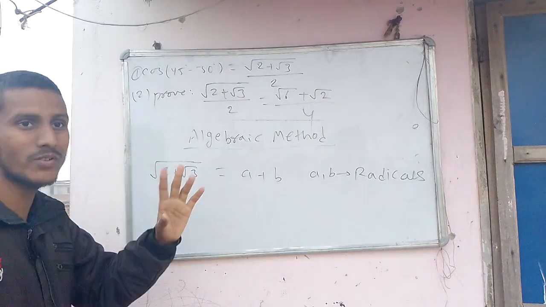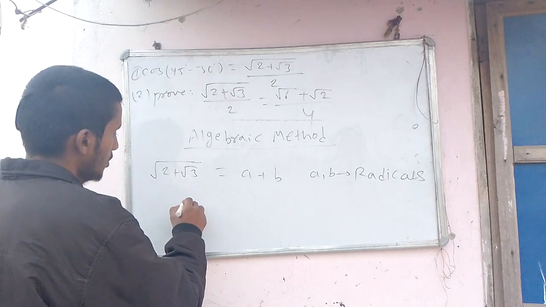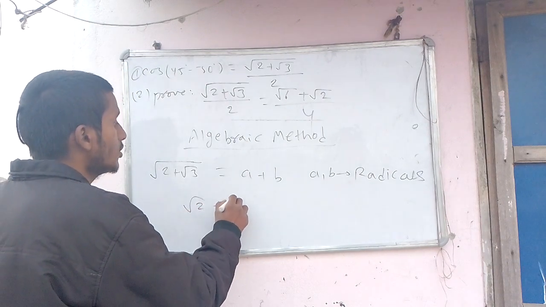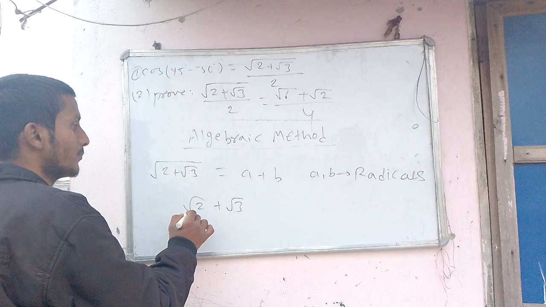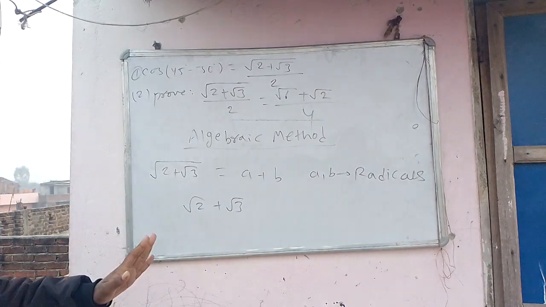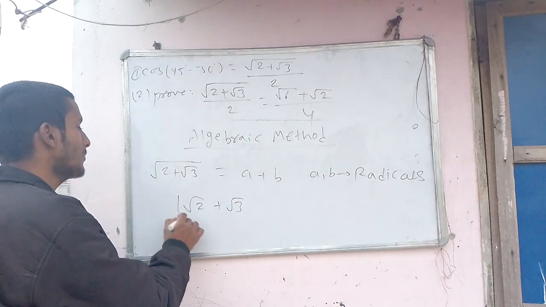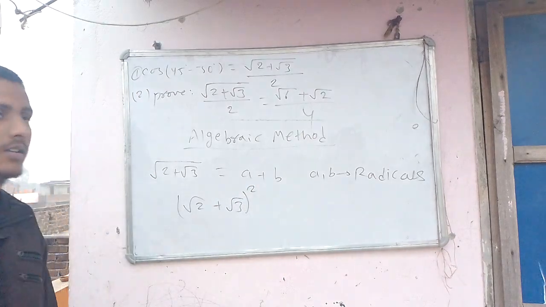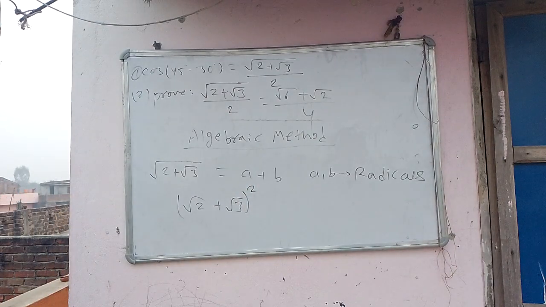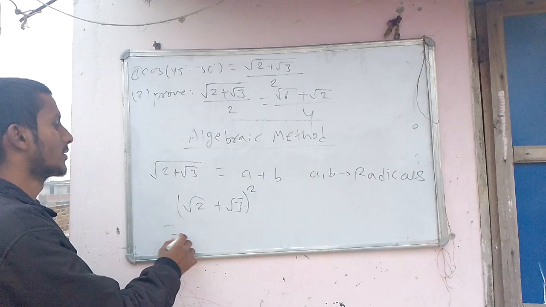And then if there are two radicals, let's say the square root of 2 plus the square root of 3, and I'm showing you this as a specific example, let's discuss what happens if you square this. So what's going to happen? You tell me.